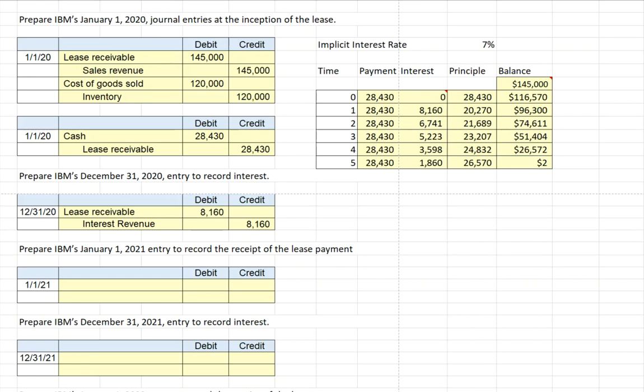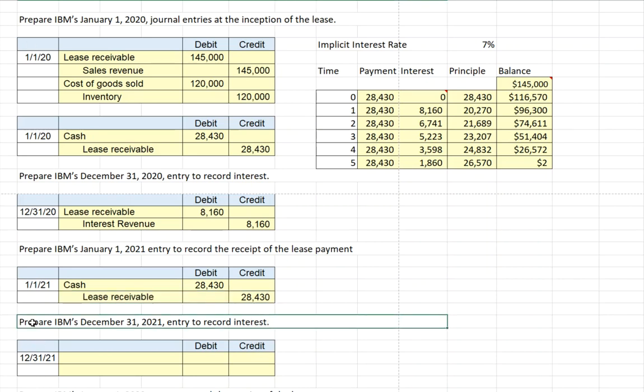Come January 1, 2021, it's again time to receive a lease payment, and we will debit cash for $28,430, and as always, we get the cash, we reduce the receivable by $28,430. On December 31st, 2021, once again, we're going to need to record interest revenue.